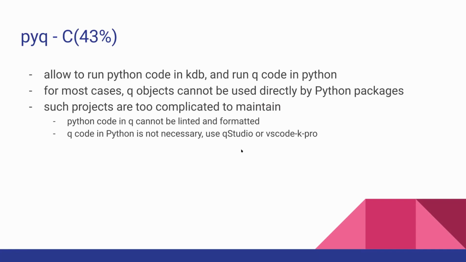There's another reason: such projects are too complicated to maintain. Python code in Q cannot be linted and formatted, and Q code in Python is really not necessary. If you want to do Q development, just use Q Studio or the VS Code plugin.